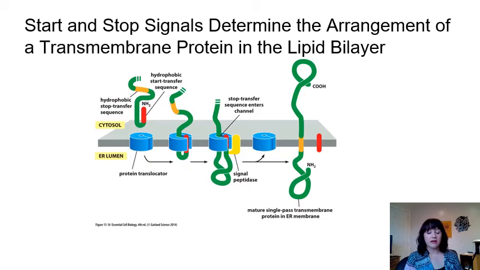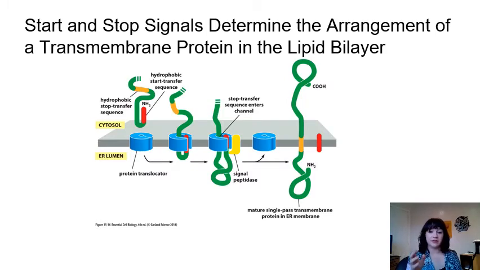Again, the N-terminal end of this protein is going to insert into the translocator, facing with the N-terminus out, facing the cytosol. And again, that protein is going to be threaded through the translocator as it is made. However, when the stop transfer sequence, that hydrophobic sequence, enters the translocator, the translocator reads that and stops transporting any more of the protein into the lumen of the ER.